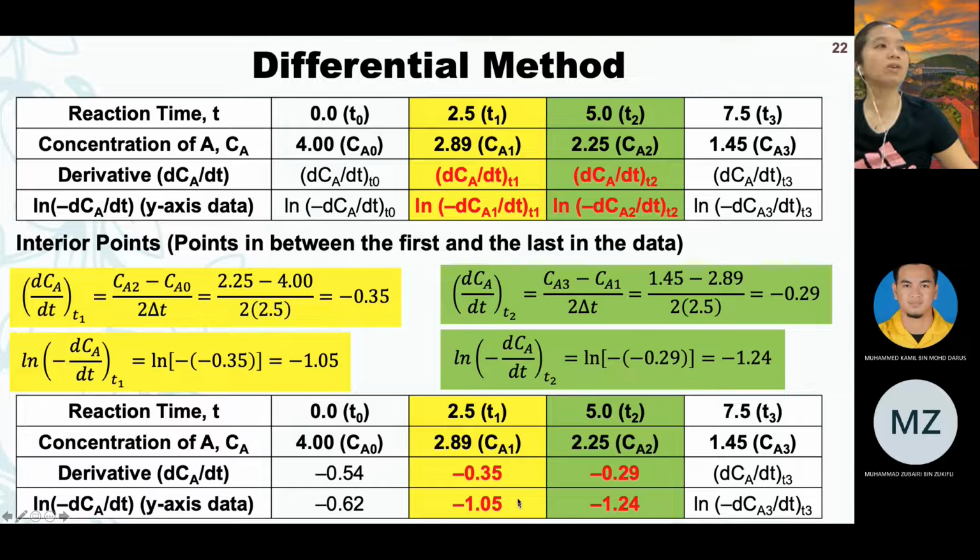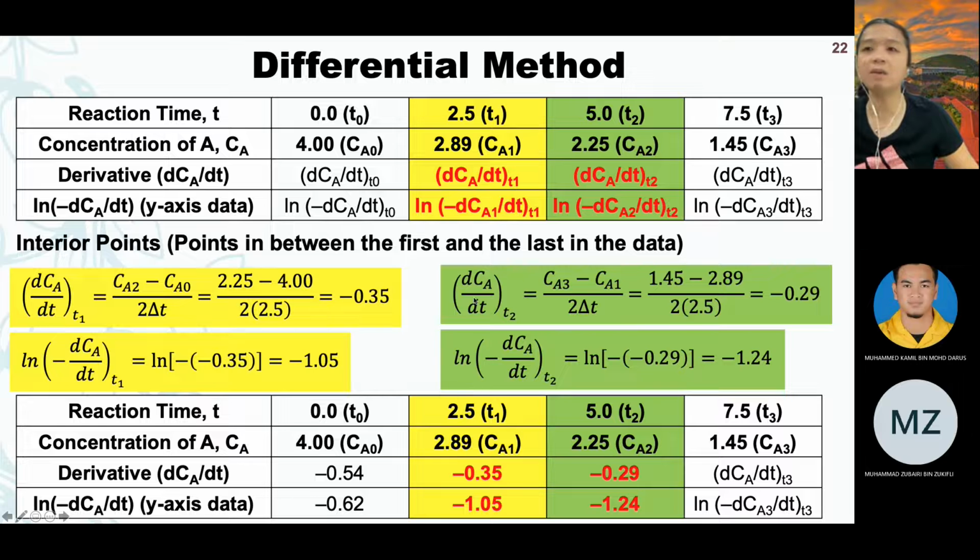So then we go to the next one, third point. Okay, so third point or the third reading in the table. So the third reading becomes dCA per dt equals to, again, take the concentration after 1.45 minus the concentration before 2.89 divided by 2 delta T, again 2.5.